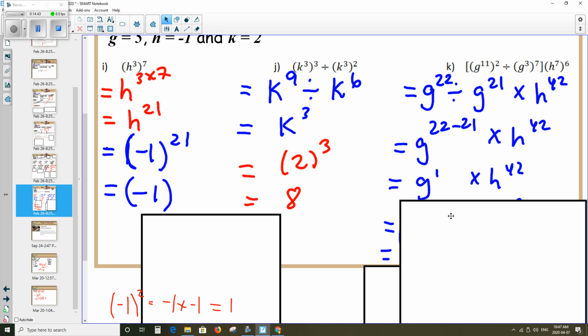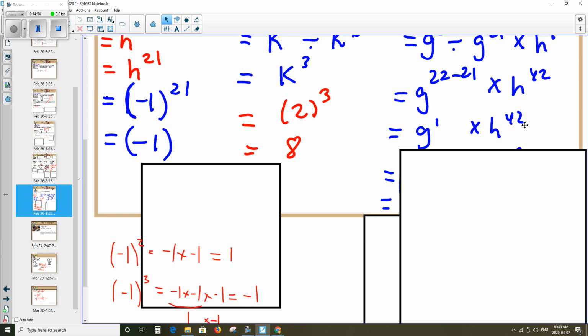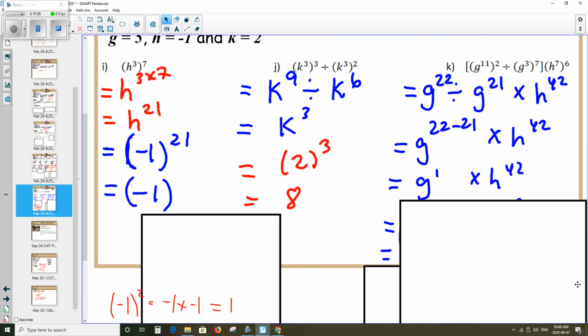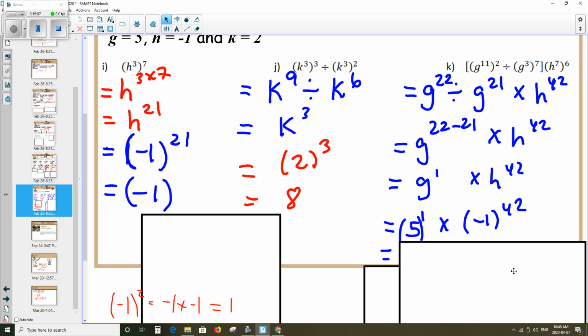Now I have g to the 1 times h to the 42. There's a product rule here, but these have different bases, which means we can't use the product rule. So we are finished with the first part. We've simplified it; this is as far as you can go. Now we can do the evaluation. Replace your g with 5 and replace your h with -1. Make sure it's in a bracket.